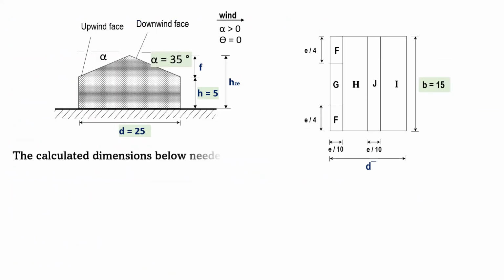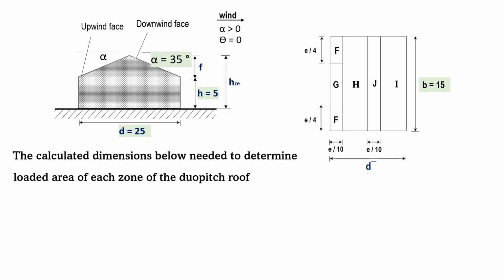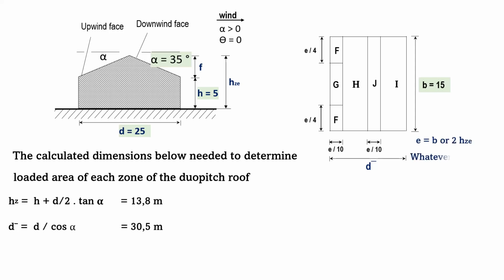The calculated dimensions below are needed to determine the loaded area of each zone of the duopitch roof. Total height of the building, length of the roof parallel to the wind direction, taking into account the slope length. E is the minimum value of B or 2 times the height of the building.